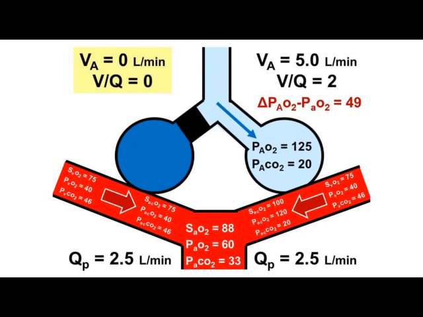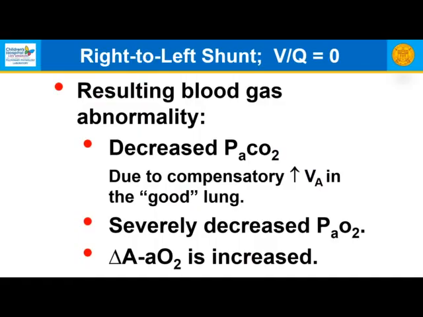Saturation of 75 and a saturation of 100 combined to a saturation of 88. We have decreased O2, right? And the abnormal blood gas is decreased PCO2 in this case, because we were able to compensate. It's due to compensatory increased ventilation in the good lung, severely decreased PO2, and the AAO2 gradient is increased.